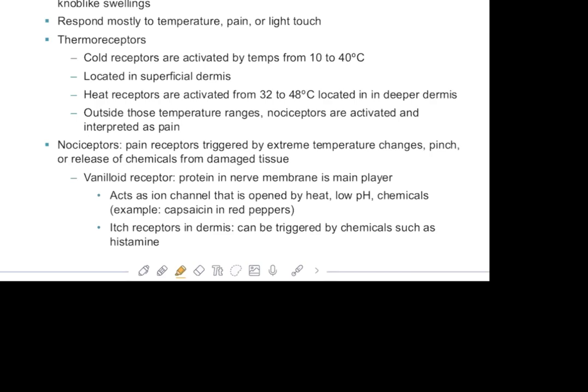They respond mostly to temperature, pain, and light touch. So remember, thermoreceptors are temperature. They could be located in the superficial dermis, whereas nociceptors are pain receptors triggered by extreme temperature changes, pinch, release of various chemicals.